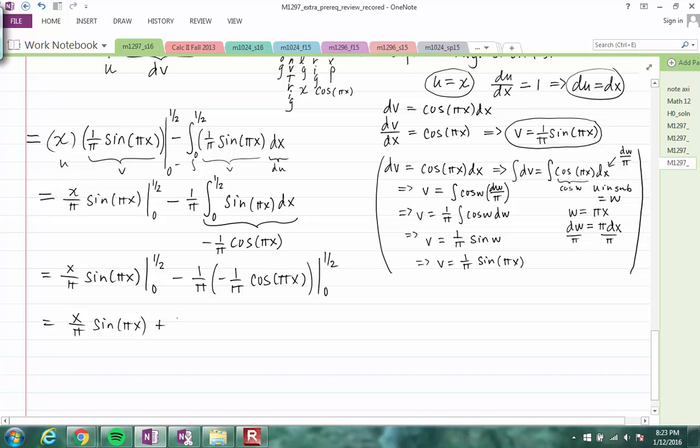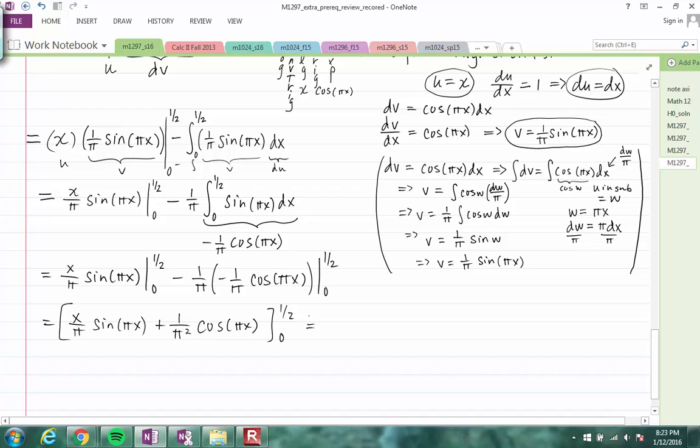So here we go, we got plus 1 over pi squared cosine pi x, and this is what I was saying in words. It tends to be a little bit more streamlined when you do it this way, but you're welcome to do it the other way that I described.